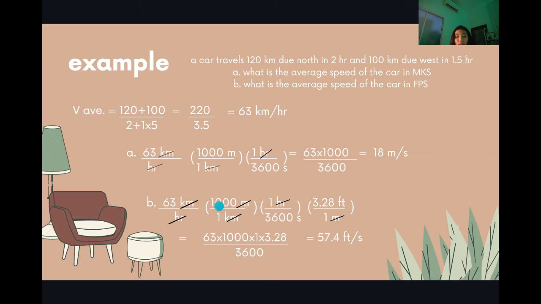And then we need to cancel out km, so we need to divide 1,000 meters over 1 kilometer. Cancel out km. And now we need to cancel out the hours. So 1 hour over 3,600 seconds. So cancel out the hours. We are left with 1,000 meters. Now we don't need 1,000 meters.